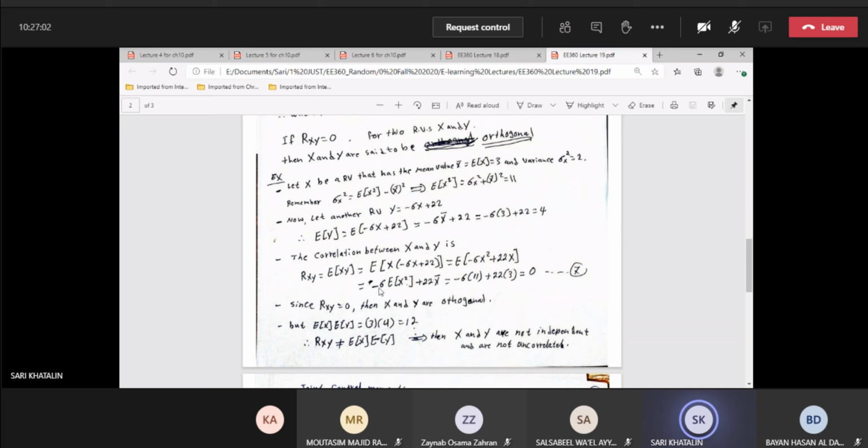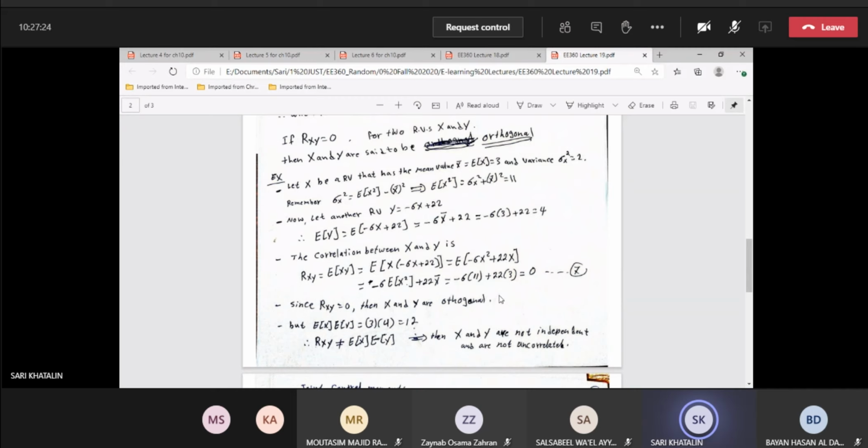Now, if we multiply the expected value of x times the expected value of y, it is equal to 12.